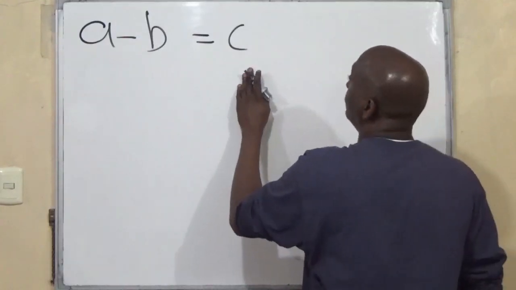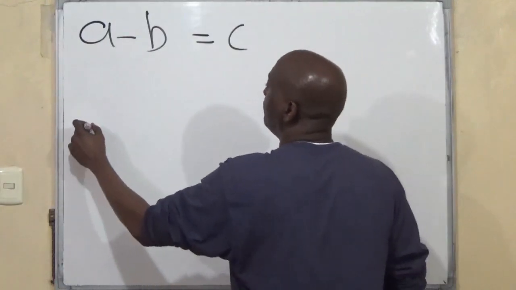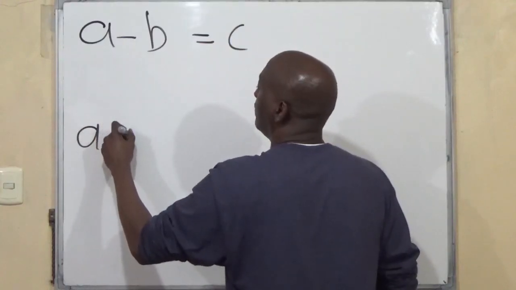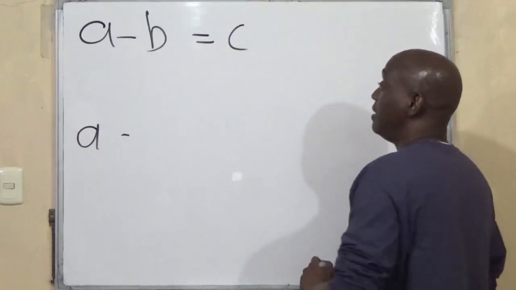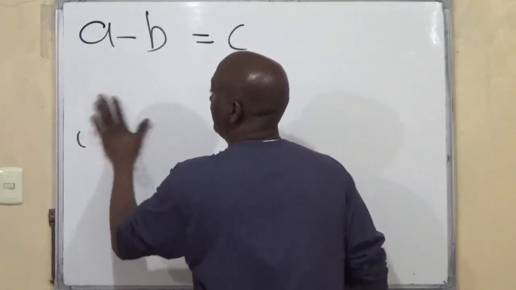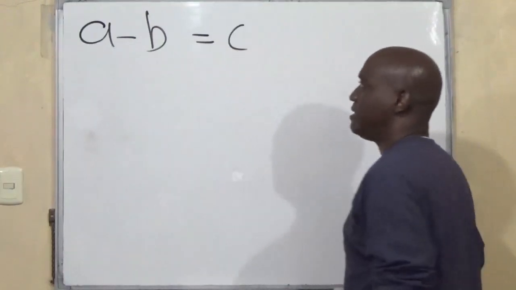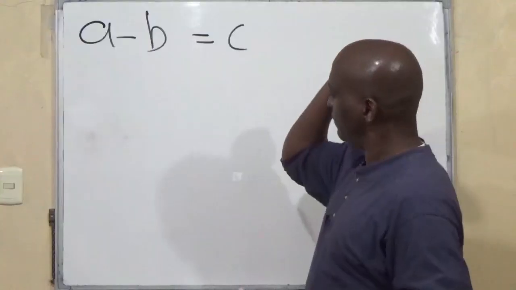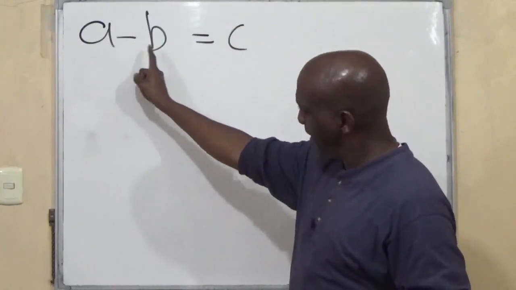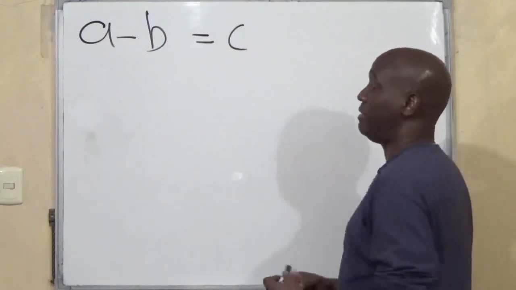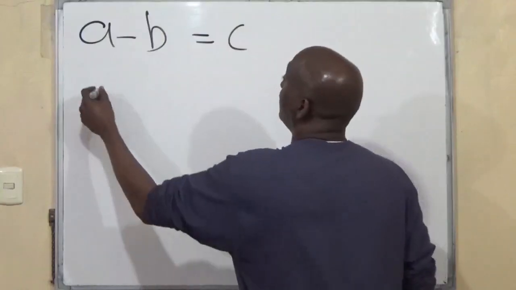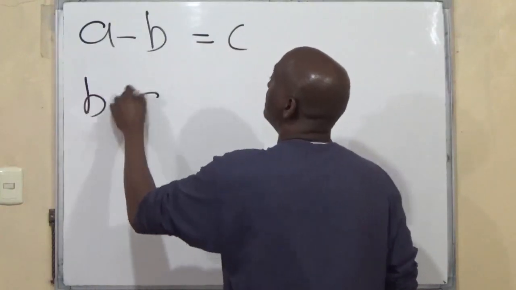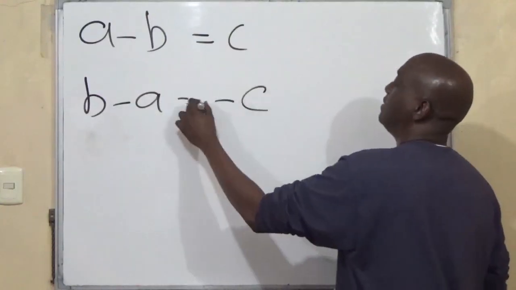Sorry, let me say that over. It's not just a case where A minus B is positive. Forget that. A minus B is equal to C, then watch it. B minus A is equal to minus C, right?